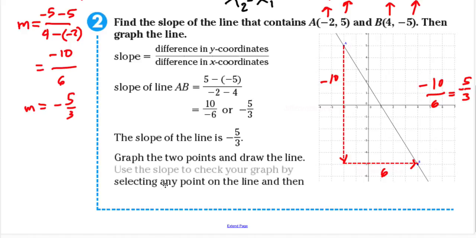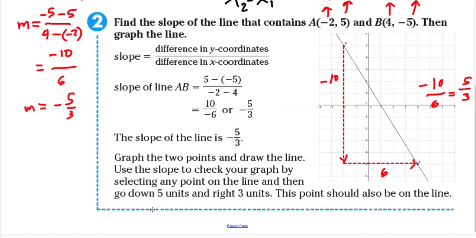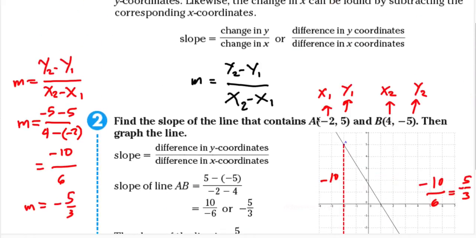Basically, use the slope to check your graph by selecting any point on the line and then go down 5 units and 3 units. This point should be on the line as well. And that's how you use the formula of slope, y sub 2 minus y sub 1 all over x sub 2 minus x sub 1. Write that down for your reference.